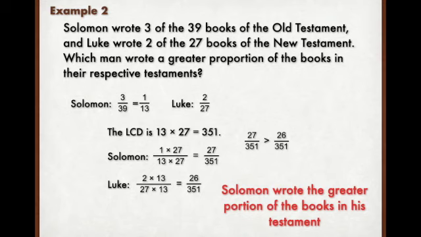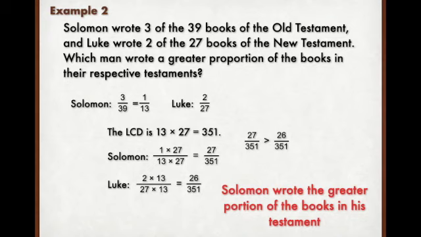We have 39, we have 13. We want to find the least common denominator, least common multiple of 39 and 13. Once we find that, whatever 39 and 13 both go into, we can divide that into 1/13. So whatever 13 and 27 go into, that least common denominator, we're going to multiply it.